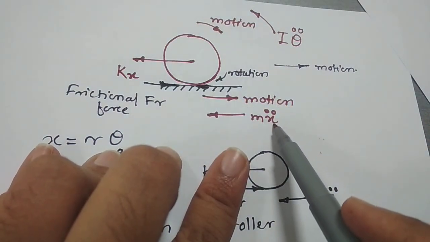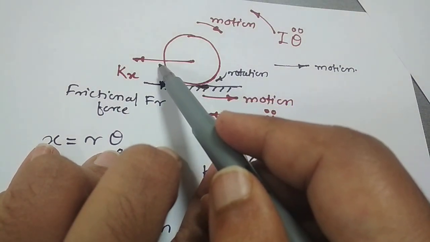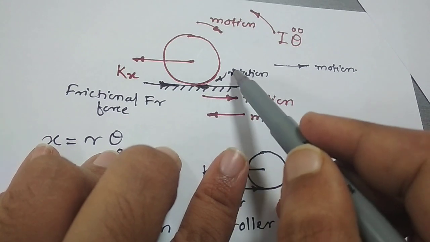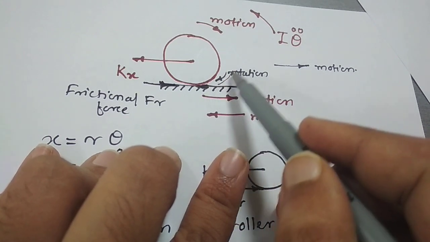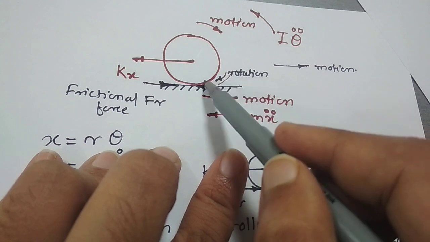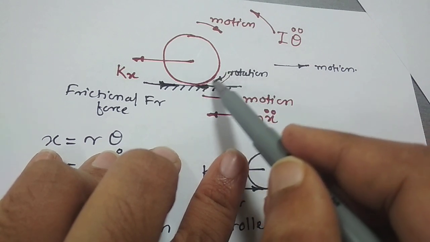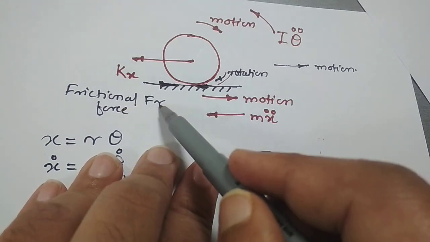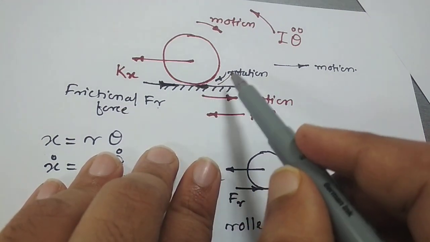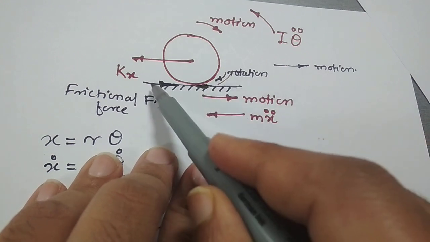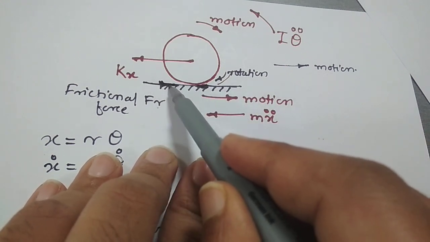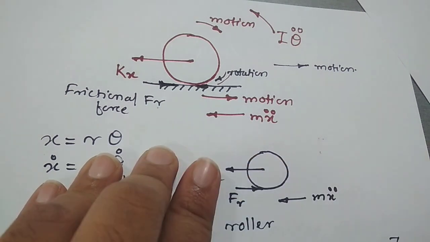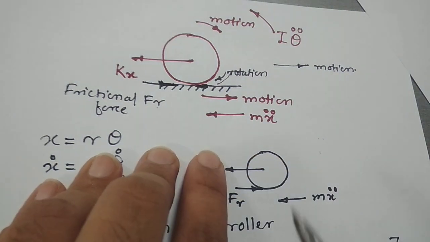M x double dot, same direction is for kx. As the motion is rotating, the rotation is like this, means the motion for the point of contact is like this. So exactly opposite, the frictional force Fr will act. Rotation is like this, so exactly opposite to the rotation, the frictional force Fr will act. Okay, so how many forces are there?